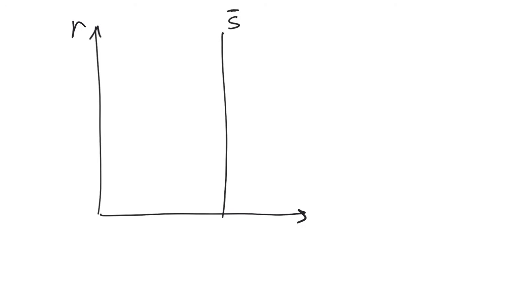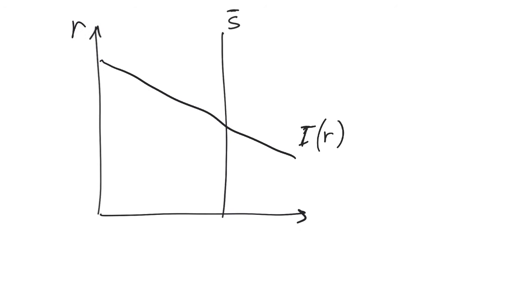And so the savings will not be influenced by the interest rate. That's why they're vertical, they're fixed. They're controlled by the consumption, by the government budget, so y minus c minus g. And the investment curve is going to be influenced by the real interest rate.